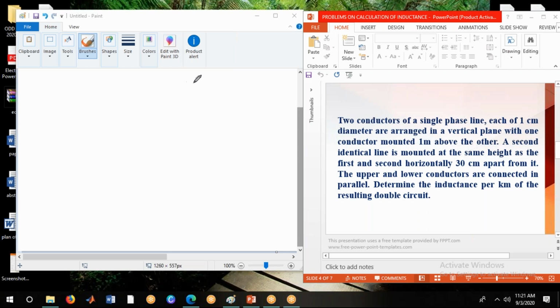So we have a single phase, one is phase and neutral, and two conductors of a single phase line, each of 1 centimeter diameter, are arranged in a vertical plane.